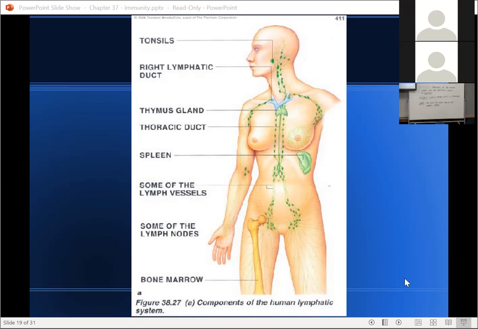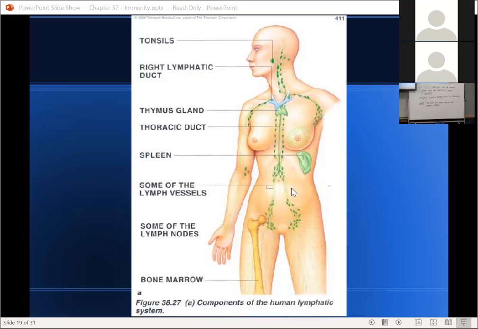So the lymphatic fluid, or lymph, travels through this system. The B cells migrate to these lymph nodes and the spleen as well. And these are the sites where these B cells encounter antigens. Once they encounter the antigens, they're going to become activated and they're going to start making antibodies that are specifically sticky against that antigen that they encounter.